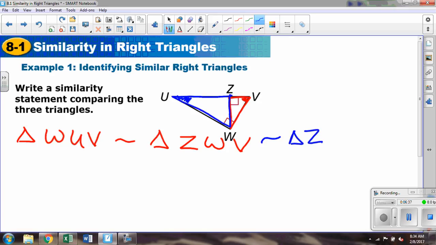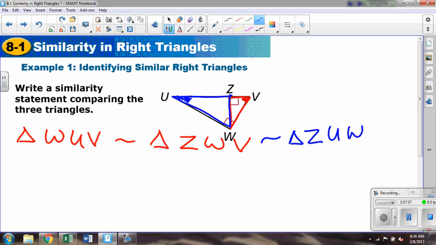So I'm going to put it in position 2 to match position 2 up at the front. And then, of course, my last angle is W. This shows us how we can set up our similarity. And I want to point out that, in my opinion, your ability to recognize the similar triangles is the most important skill that we have in this entire lesson.